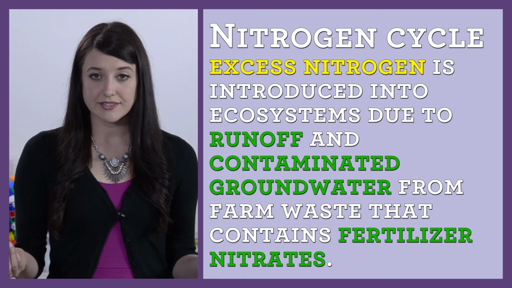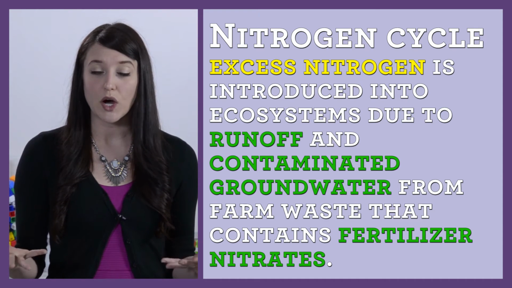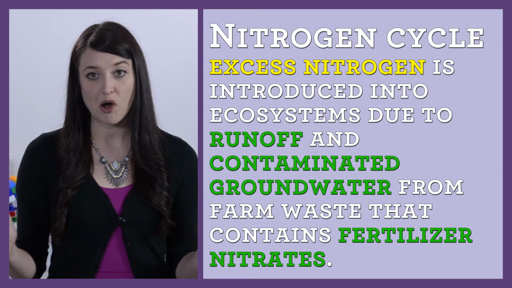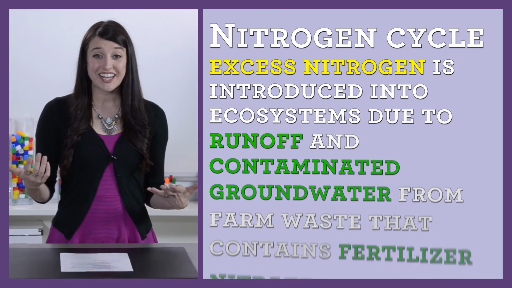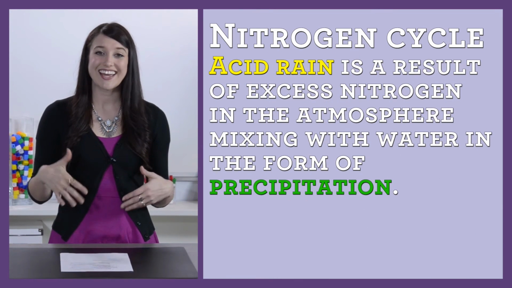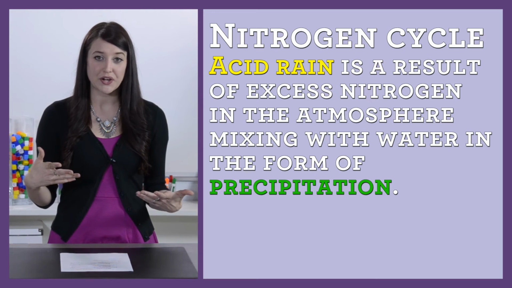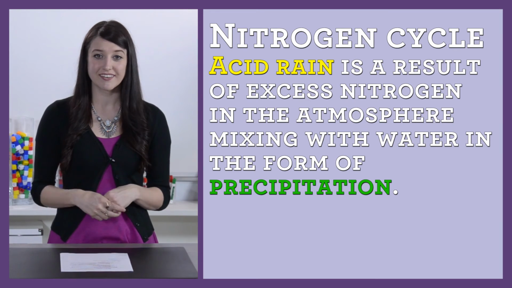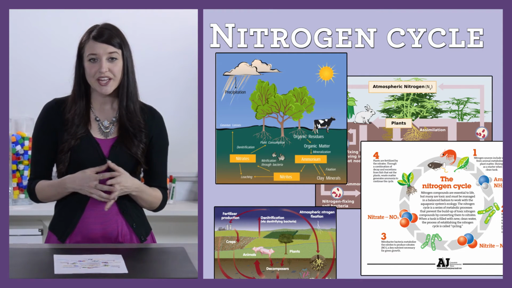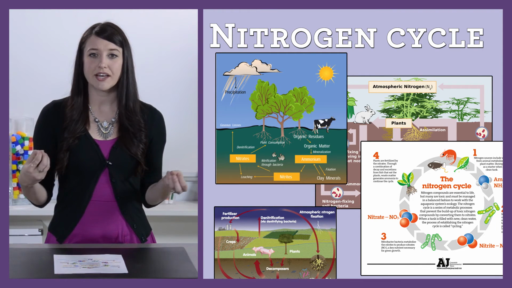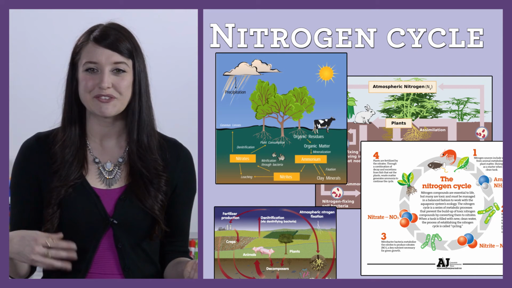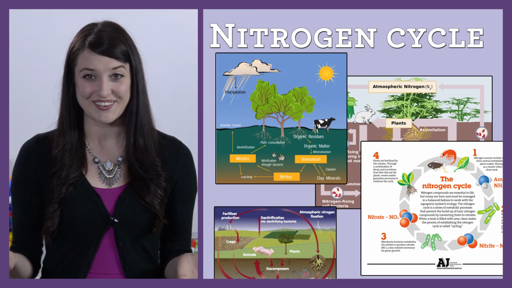This increase in the amount of nitrogen in the water can cause disruptions in the ecosystems of those ponds. Nitrogen can also be added to the atmosphere in excess, causing acid rain when mixed with water in the form of precipitation. There are a couple different diagrams in your resource folder that represent the nitrogen cycle in various ways. Please reference these documents so you can further your knowledge on the nitrogen cycle.